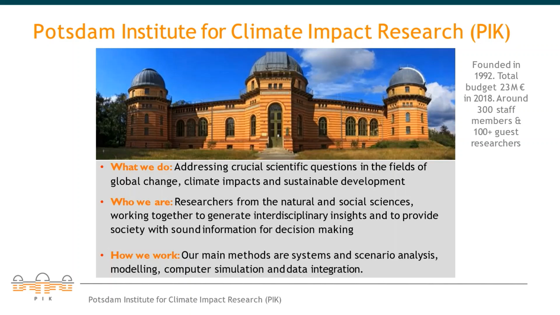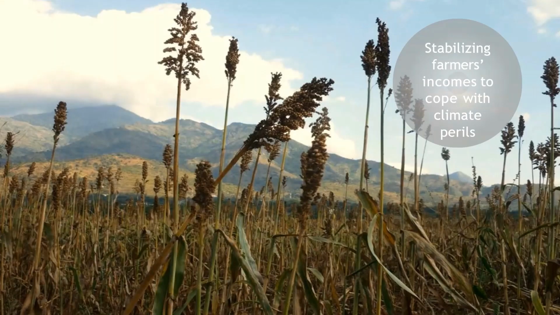I'm leading the working group on adaptation in agricultural systems. We have a lot of researchers coming from natural and social science, working together to answer these kinds of questions. Our working group in particular is focusing on insurances as one aspect of adaptation.